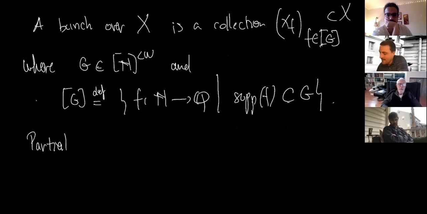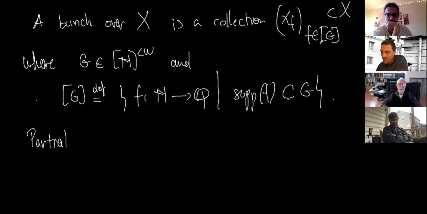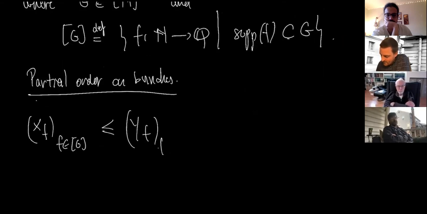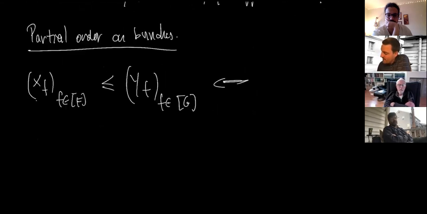So here I can look at rational valued functions, and I will put the following partial order on the bunches. Okay. So if this is a bunch, I'm going to say that this bunch is less than this other bunch. So let me use F here.